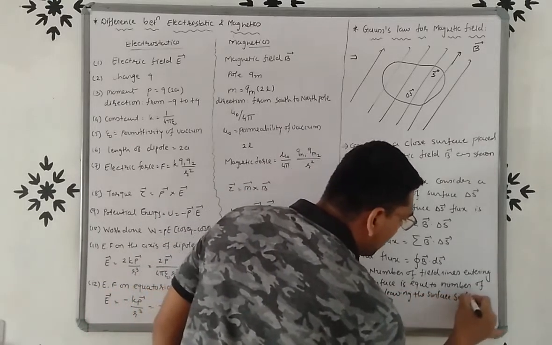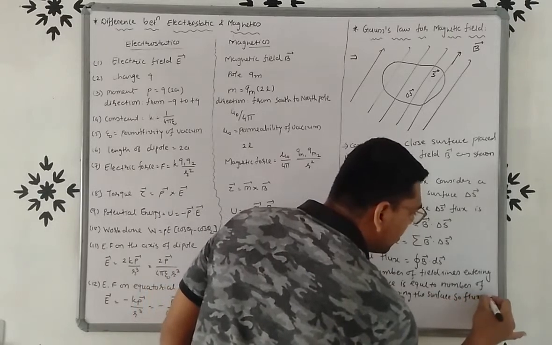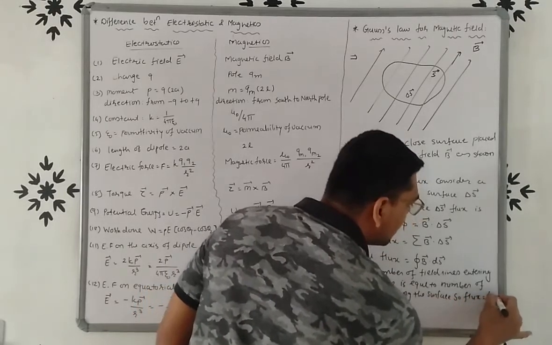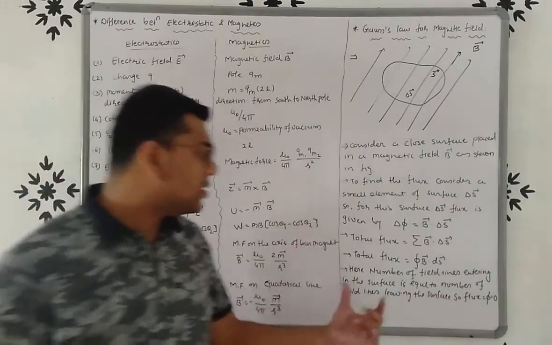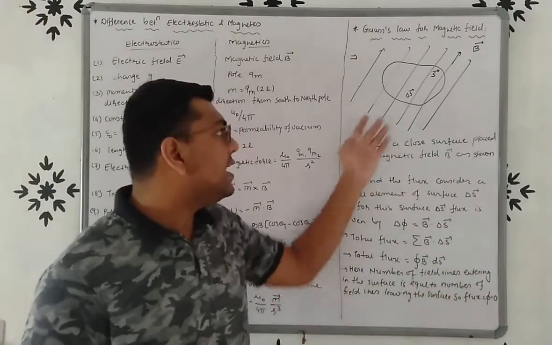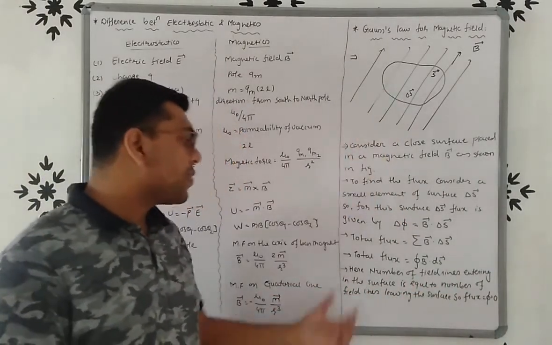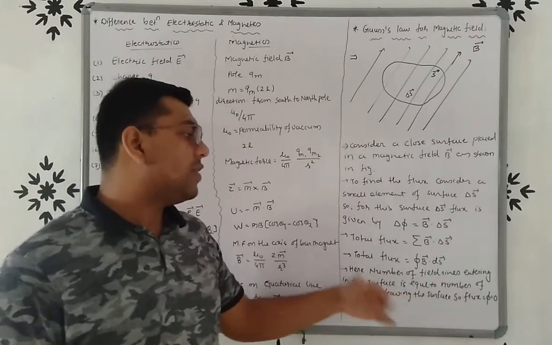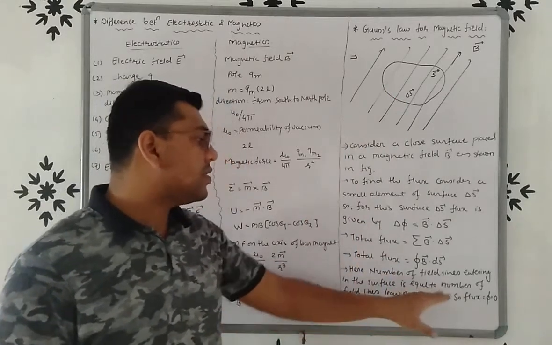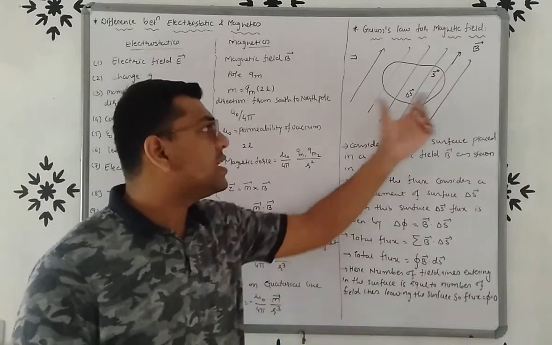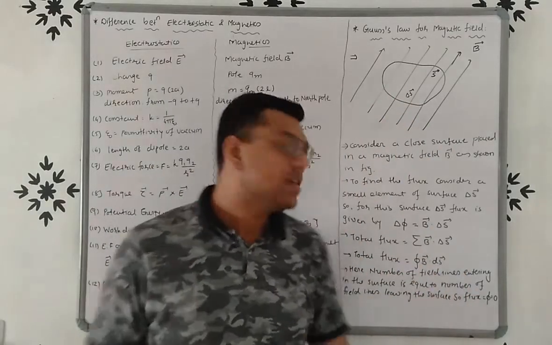So flux phi is equals to 0. Why? Because the number of field lines entering into the closed surface is equals to the number of field lines leaving the surface. So flux will be 0.